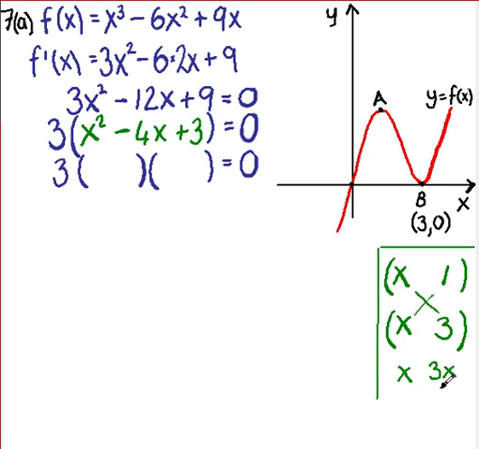And we're looking for these two to give us minus 4x in the middle, which means that one would have to be negative x, and this one has to be negative 3x. That means this one has to be negative 1, and this one has to be negative 3. So just double check that these two numbers, negative 1 and negative 3, multiply to give you positive 3, and they do. So brackets are minus 1 and minus 3.